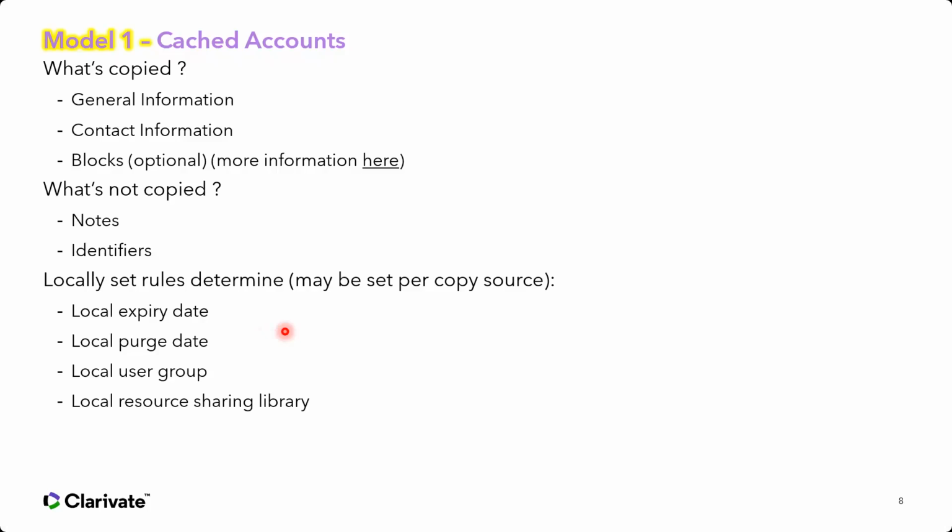Like any local purge, it will purge only an account that does not have any local liabilities, so it will not purge an account that has a loan or a fee, etc. So in short, these are accounts that are linked, but are independent accounts, and each institution can and should manage the accounts independently from the other.